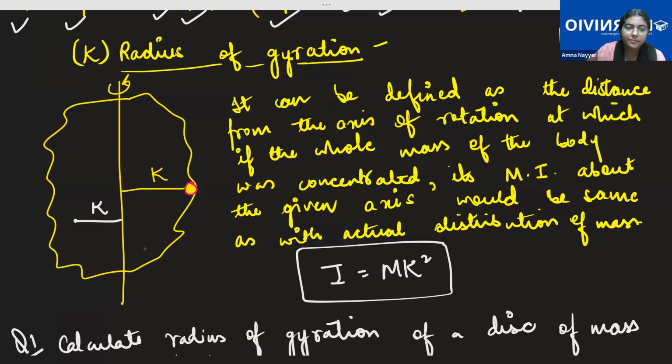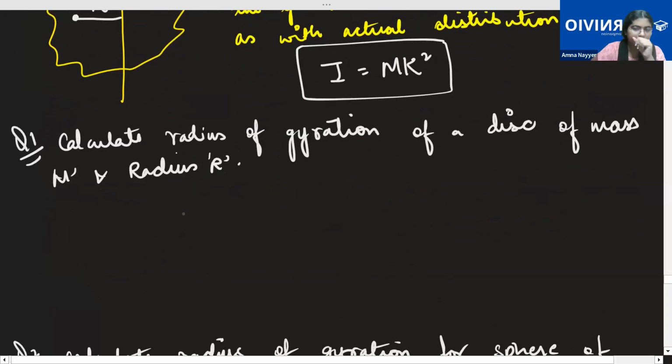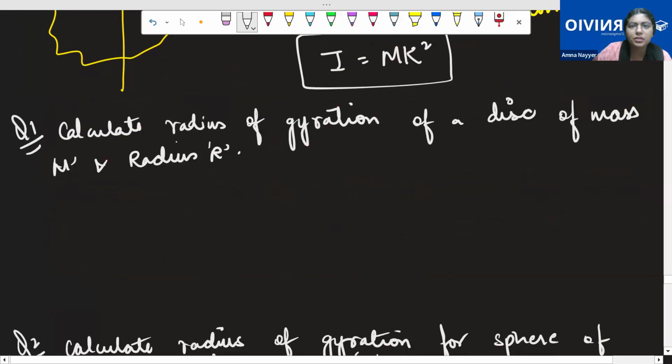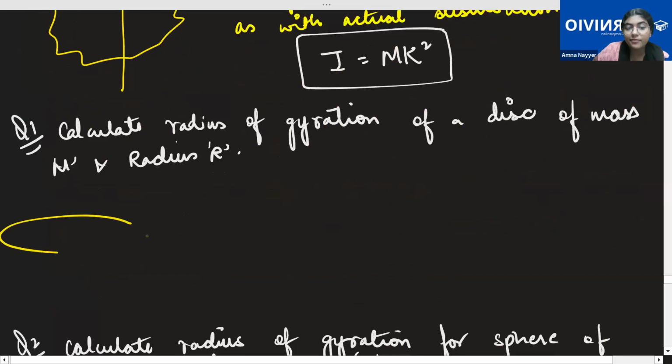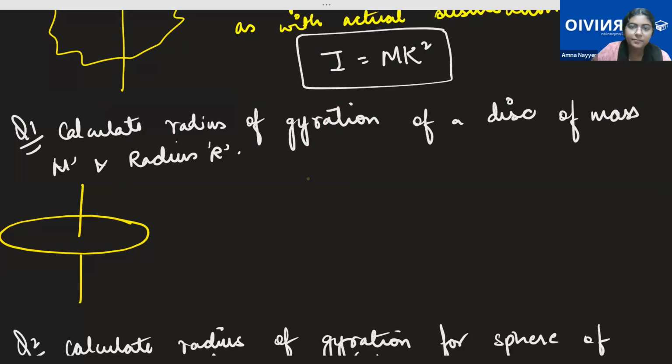Okay, got it, Sanidhi? The difference between radius of gyration and moment of inertia. Like one example: this says radius of gyration of a disk of mass m. By default, when nothing is mentioned, a disk is present and the axis is there.